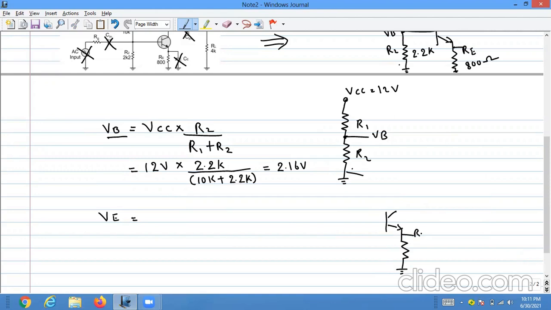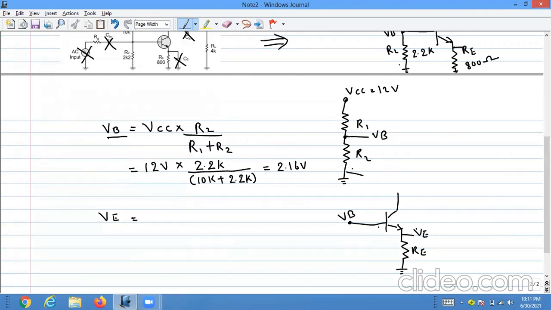This resistor is RE. This is the base and this voltage is VB.